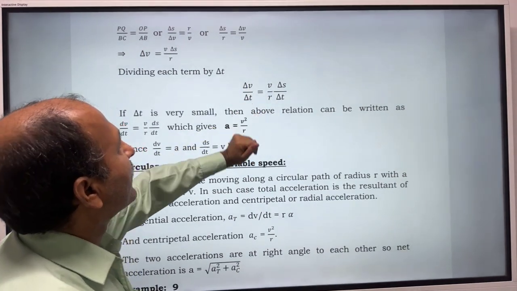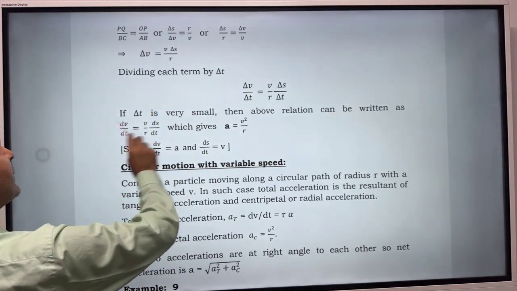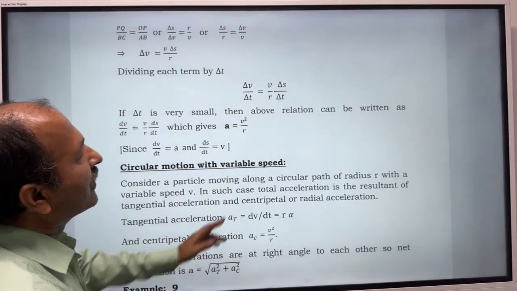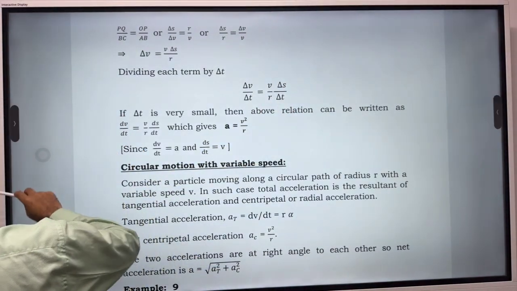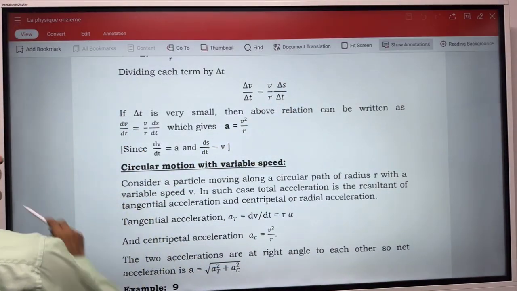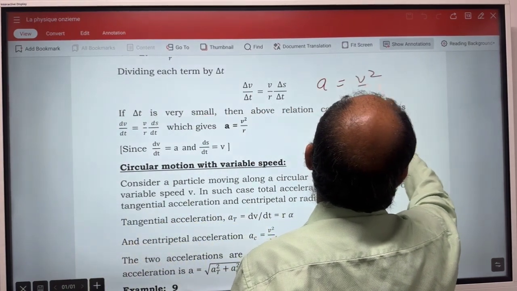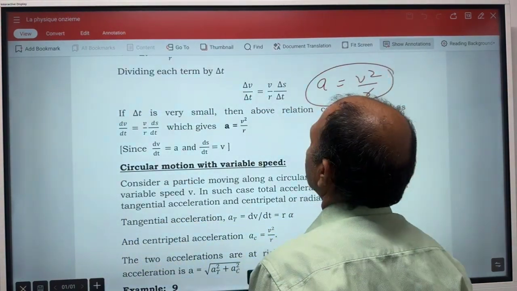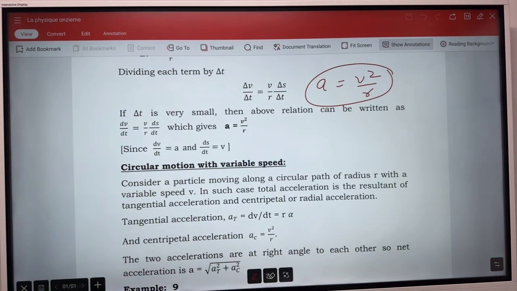So we get dV upon dt, and this is ds upon dt. dV upon dt means linear acceleration, and ds upon dt is just velocity. So we have got the result: a equals V square upon R. That is the required expression.